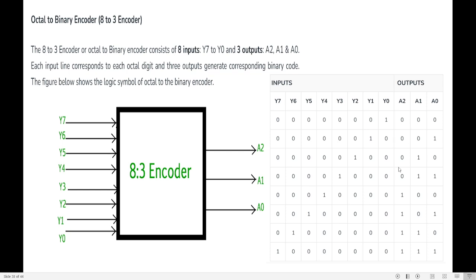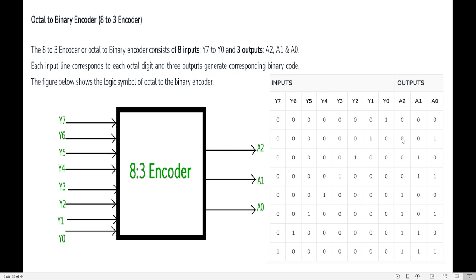Now what is the output I need to write in the place of A0, A1 and A2? In the first instance, Y0 is 1, so the output is 0, 0, 0. In the second case, Y1 is 1, and 1 in binary is 0, 0, 1. 2 in binary is 0, 1, 0. 3 in binary is 0, 1, 1.